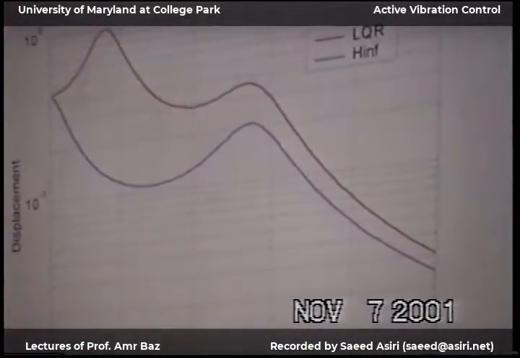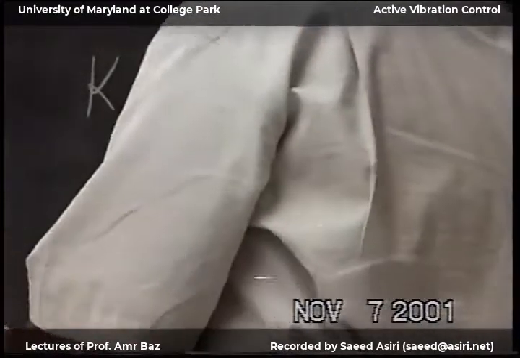The corresponding gain for the LQR, this is the gain for the H infinity case. This will be 0.0.